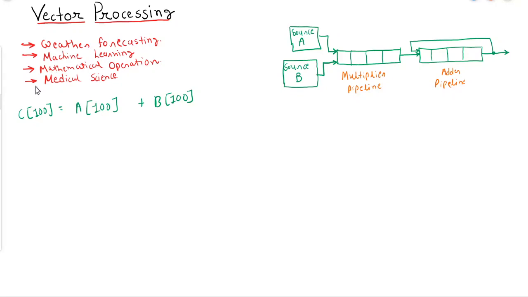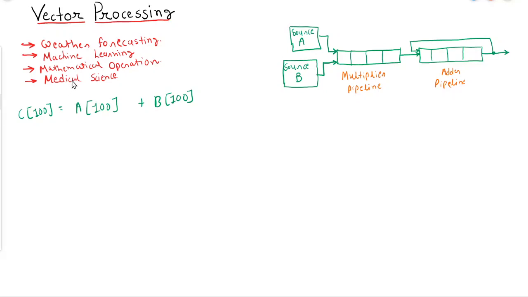So here we have a total of 100 pairs of A and B, and on each pair we will perform the same operation. All the 100 operations are completely independent, so we can execute them in parallel.